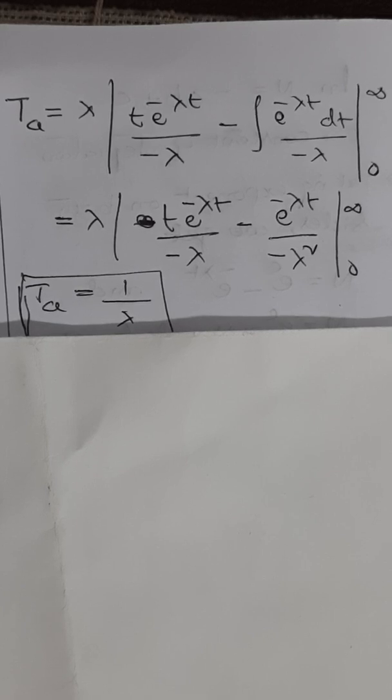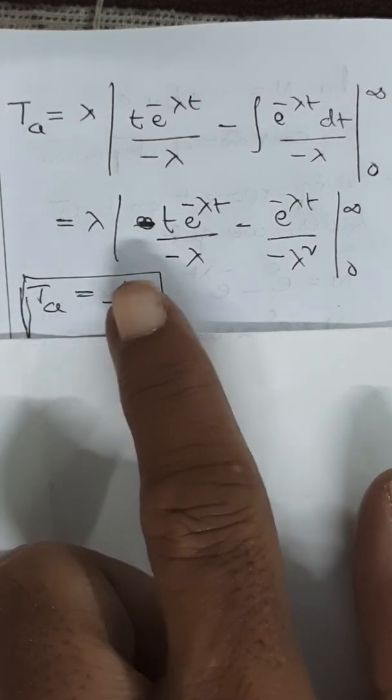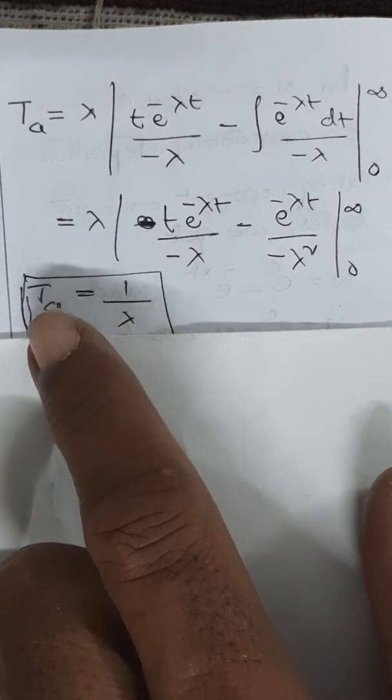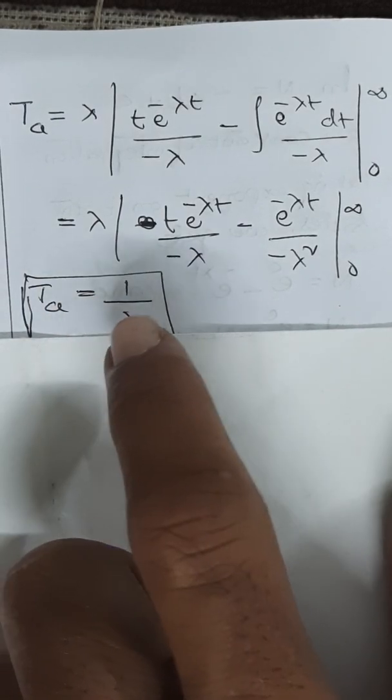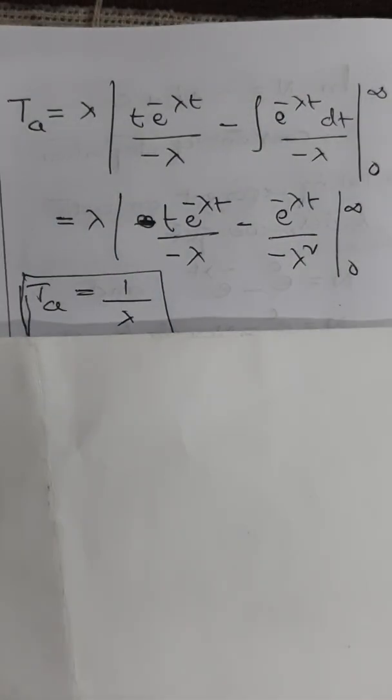We obtained the expression for the mean lifetime, represented as Ta, defined as the ratio of the sum of lives of all the atoms to the total number of atoms. From there, we arrived at the relation Ta equal to 1 by lambda, showing the relation between average lifetime Ta and the decay constant lambda. This is what we have seen in this session.